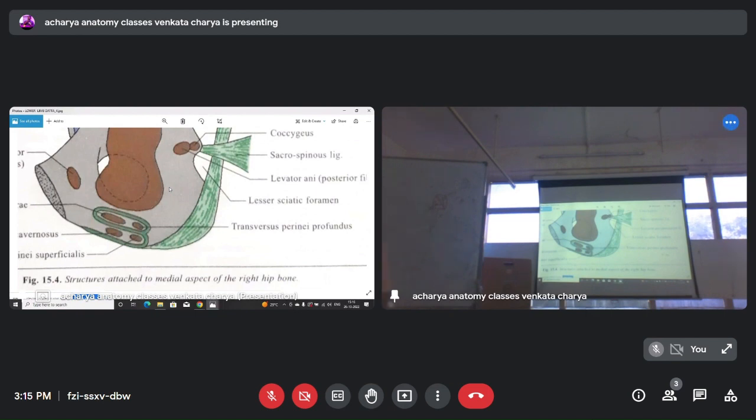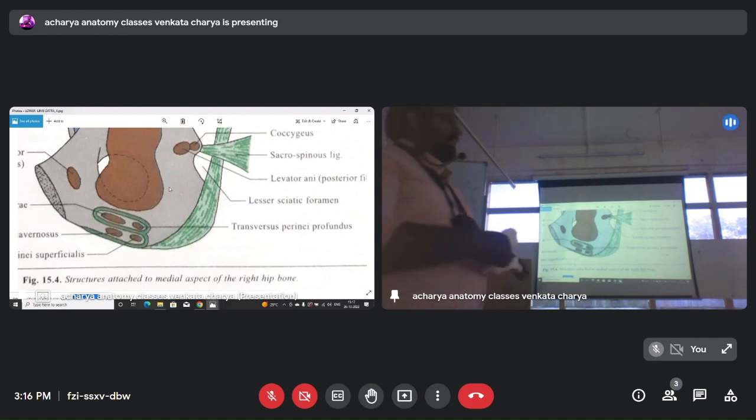Is it clear? This ischio-cavernous muscle is a penis muscle in male, and the vestibular muscle in female. So it forms the external genital organs. Perineum means a diamond-shaped space present in between the two thighs.